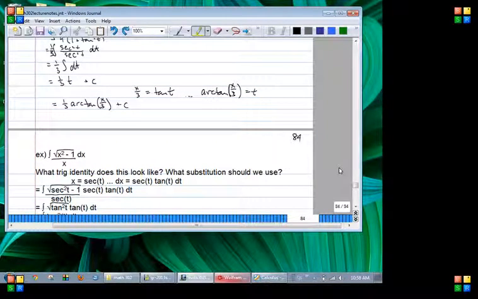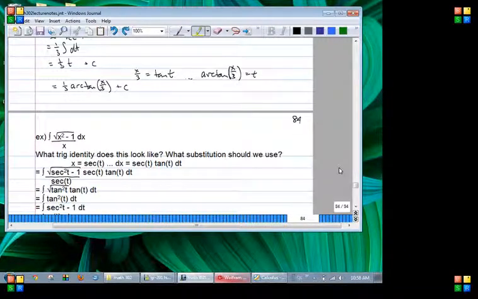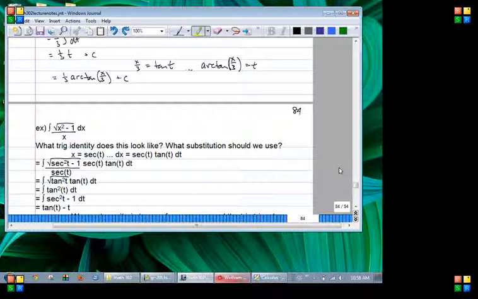So I just canceled the secant, so no more fraction. And this winds up being the integral of tan squared t dt. And this, again, is something that we know how to do. This is the easy one. This is a nice little trick. That's just secant squared t minus 1. And we know how to integrate that. It's just tan t minus t.